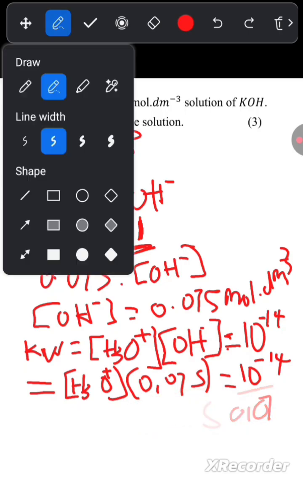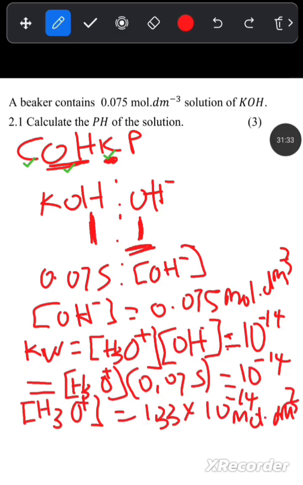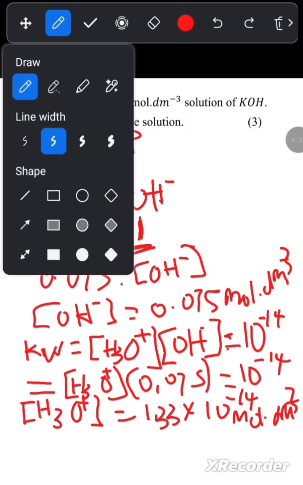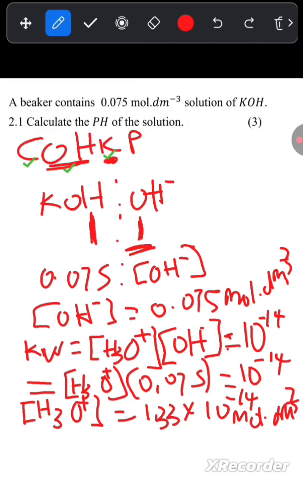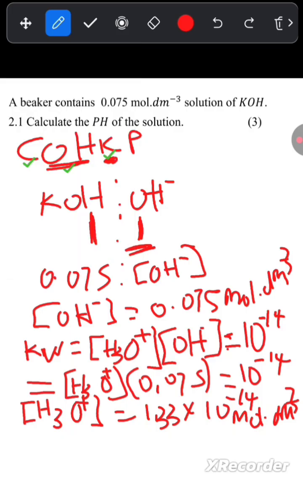Okay? And you will get an answer of that. So this is the concentration of hydronium ions.